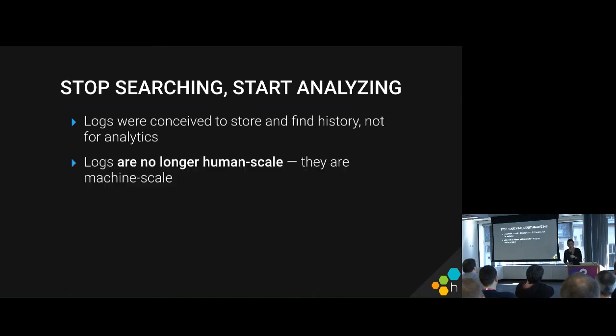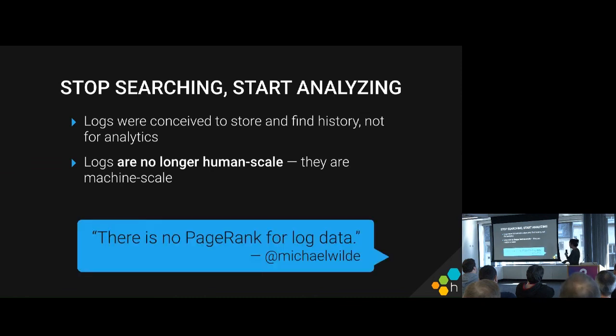Logs are easy for humans to read, and it's great. It makes sense when the volume of requests for any single program is fairly small, when it's running on your machine. But in today's production world, logs are no longer human scale. They are machine scale, and we need machines to help us make sense of them. As one of my esteemed colleagues says, search used to make sense for logs.